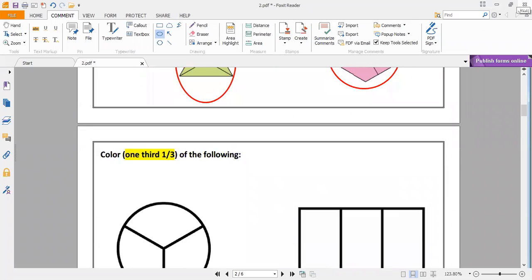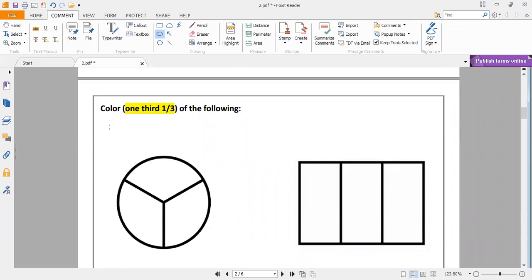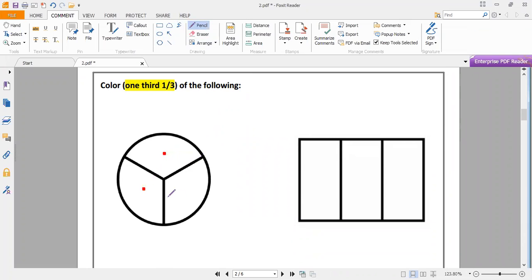Here, I saw in the homework, in coloring, the question said color 1/3 of the following. I saw you colored all the pieces, all the parts. Where is Yasin Ayman? Yasin Ayman, turn on your mic.